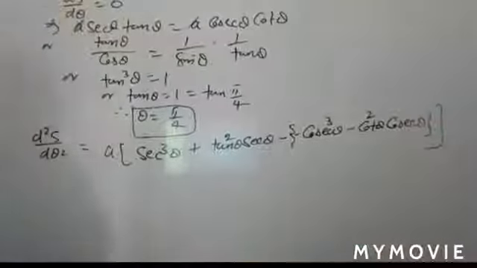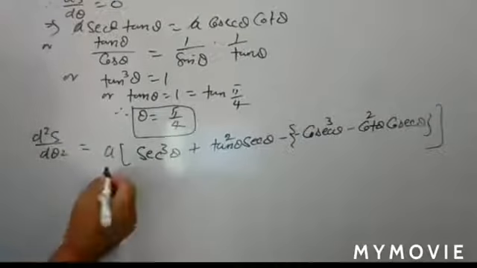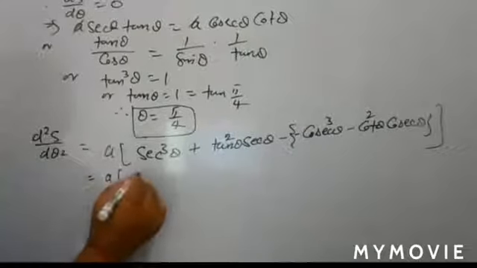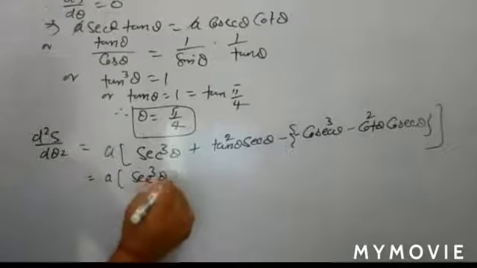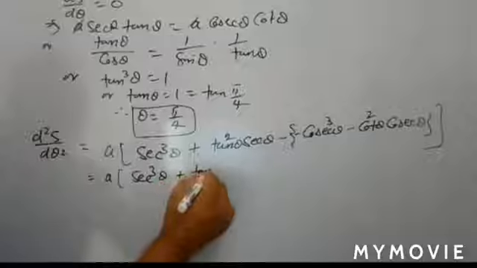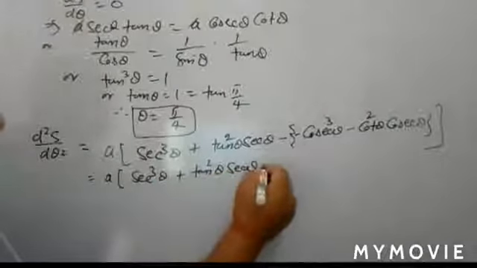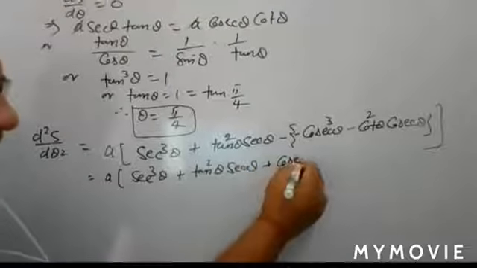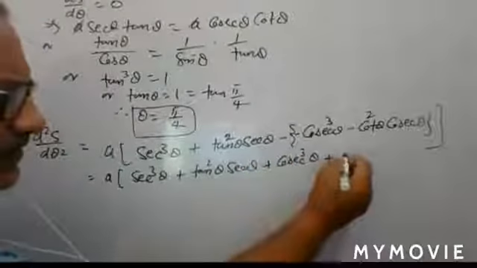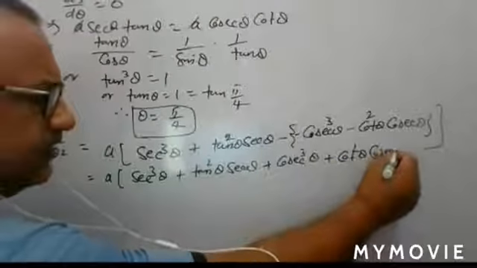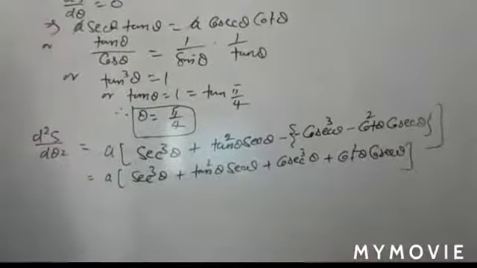So in this way, here you have your result. Now write it in simplest form: a into sec cube theta plus tan square theta sec theta, plus cosec cube theta plus cot square theta cosec theta.